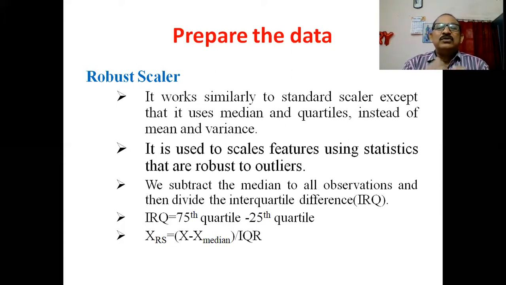The formula is X_RS equals X minus X median upon IQR, where IQR is the 75% quartile minus the 25% quartile. Actually, we subtract the median from all observations and then divide by the interquartile difference.